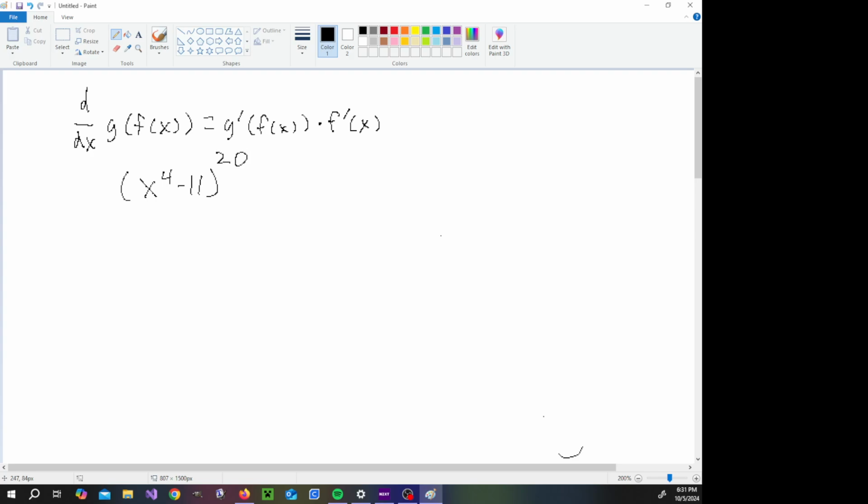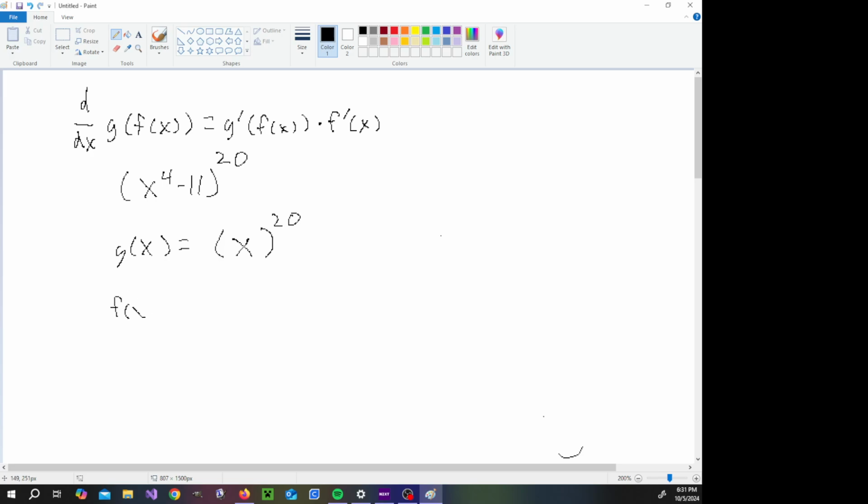So this is a composition, right? We are plugging x to the 4th minus 11 into the function x to the 20th. So the outside function, what are we doing? We're raising some other function to the 20th. So we just write this as x to the 20th, right? What am I doing on the outside? Raising something to the 20th power. So something is what we call x, right?